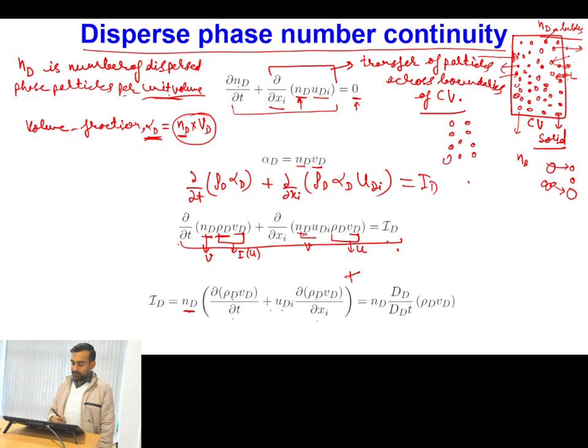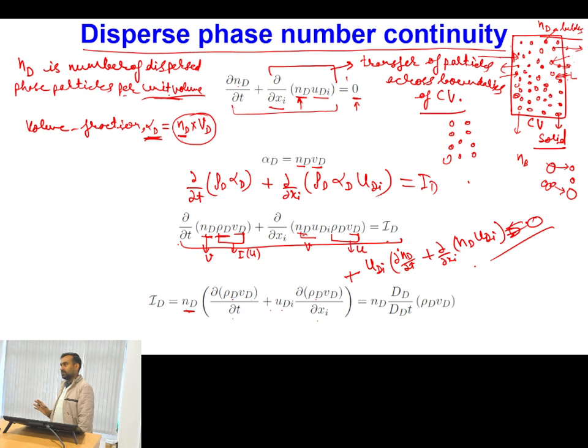There will be one more term, plus udi into del nd by del t plus del by del xi of nd into udi, and this term from the first one will be equal to 0. Are all clear with this point? So ultimately I will get my Id equal to nd times the temporal term plus advective term.